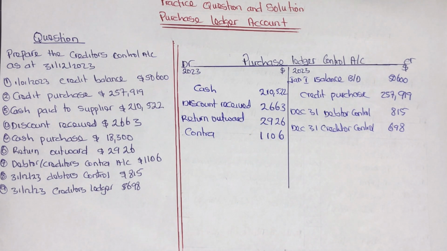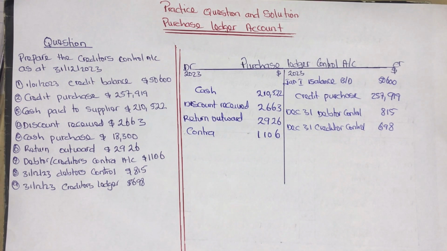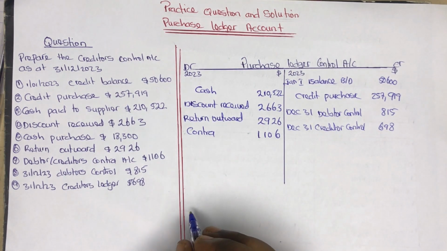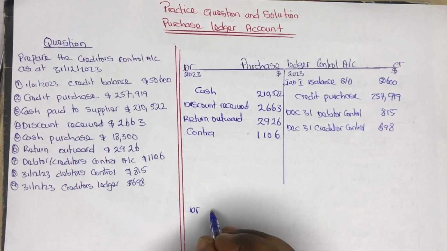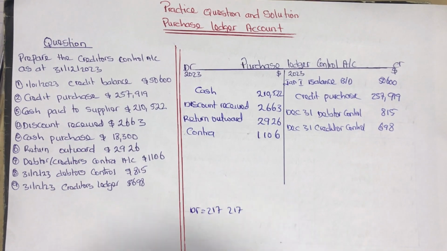So we need to balance the ledger, or close the ledger. This is a creditors ledger, and normally it has a credit balance, so the credit side is more than the debit side. If I sum the debit side, the amount will be 217,217.